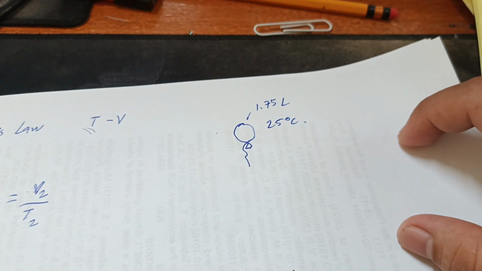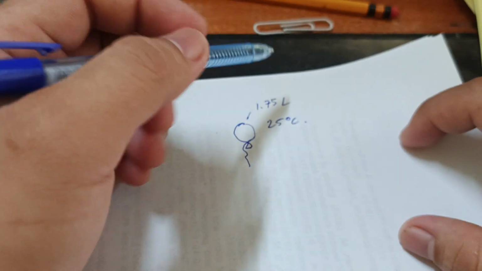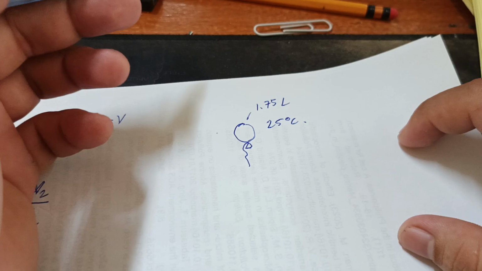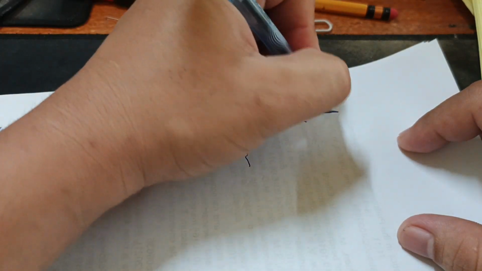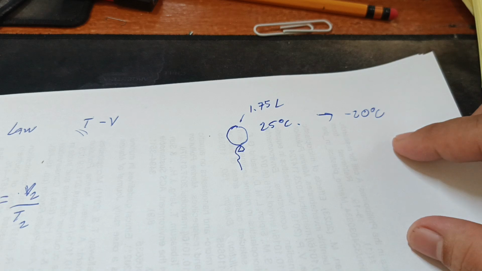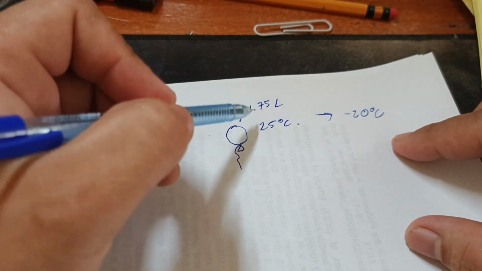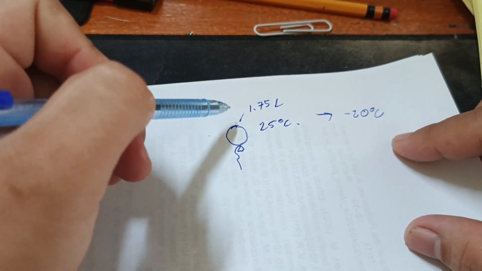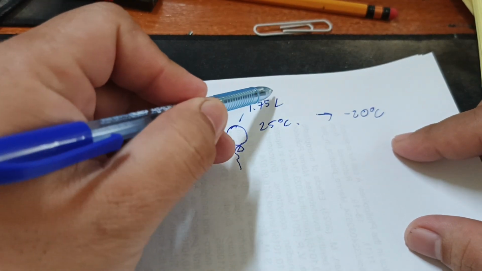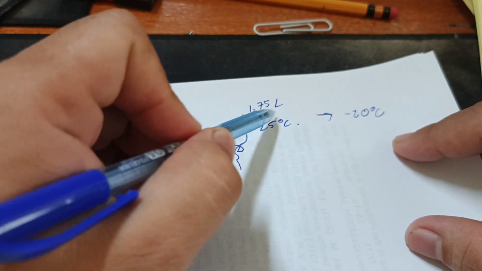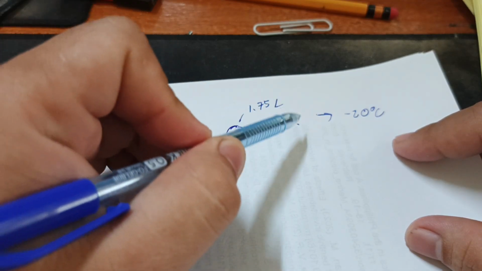The question now: what will be the volume of the balloon if you take it out into the cold temperature of negative 20 degrees Celsius? Again, the balloon has a volume of 1.75 liters at 25 degrees Celsius.